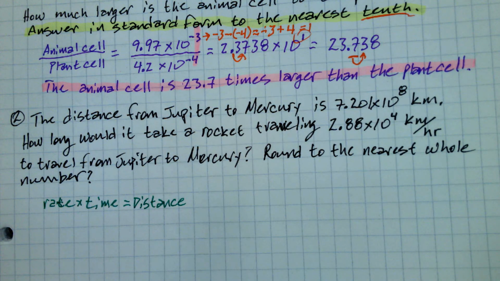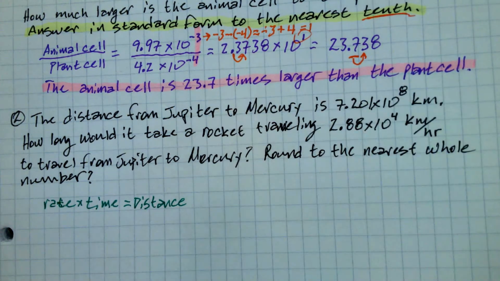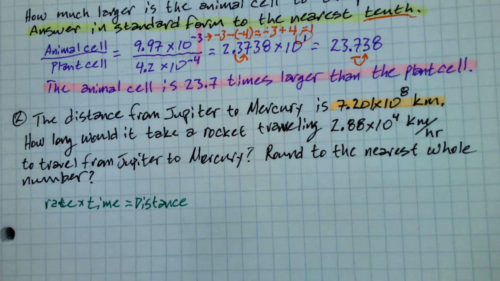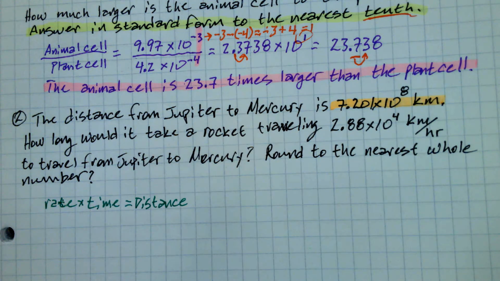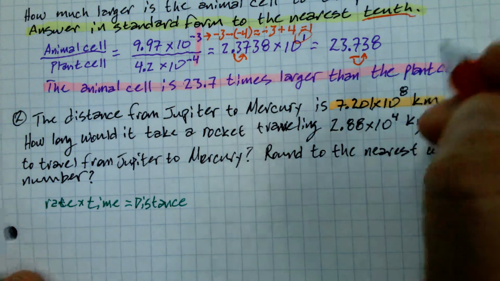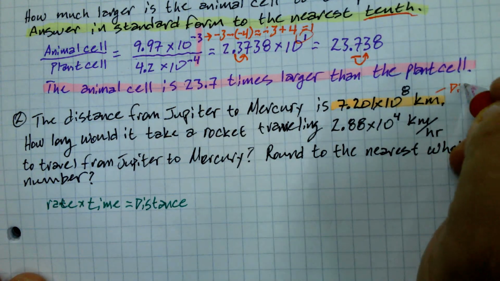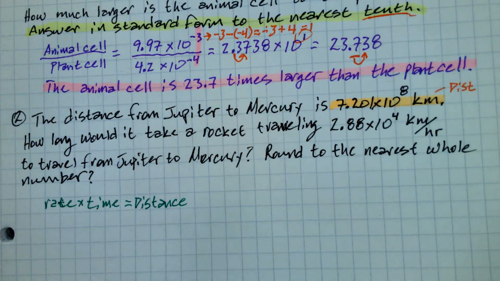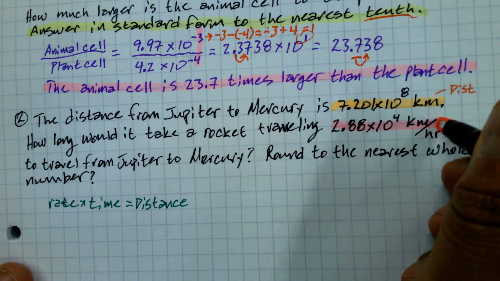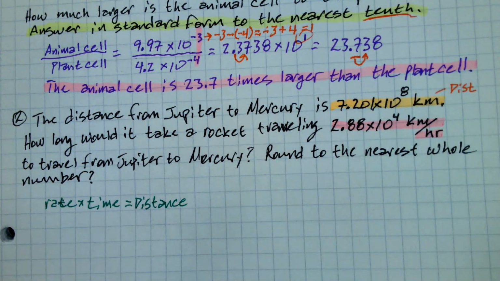Now, what we're asked to find, what do they give us? They tell us 7.201 times 10 to the 8th kilometers. Kilometers, is that a rate, a time, or a distance? That's a distance. And then they also give us 2.88 times 10 to the fourth kilometers per hour. And Enrique already told us that's a speed, which is a rate.